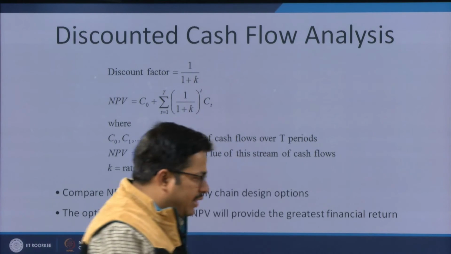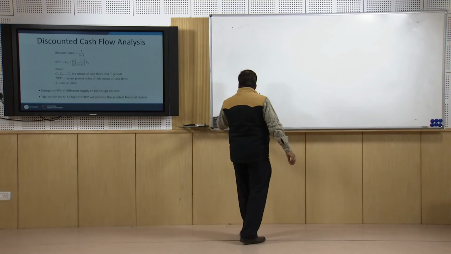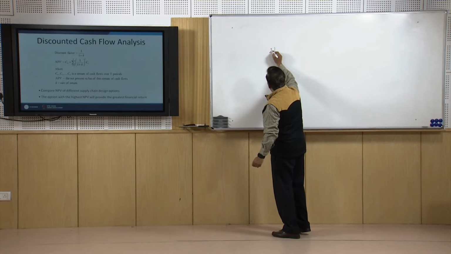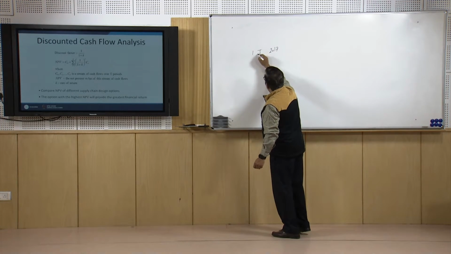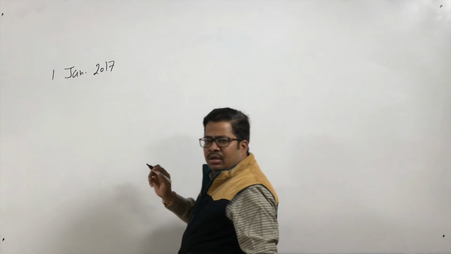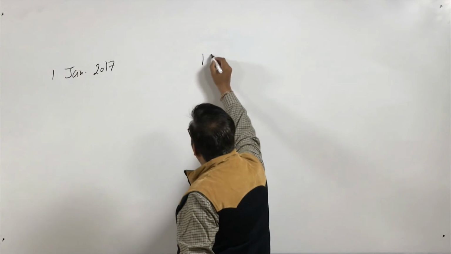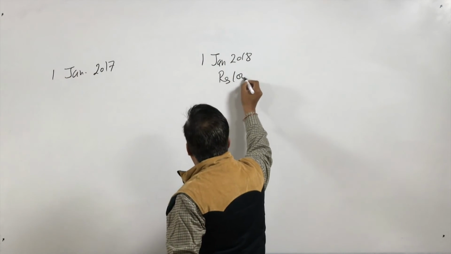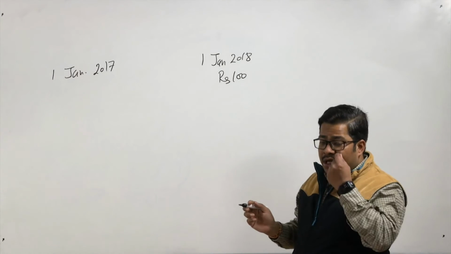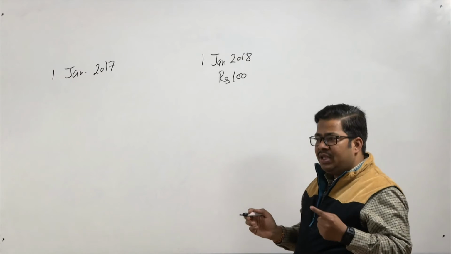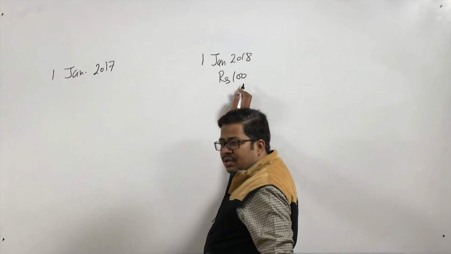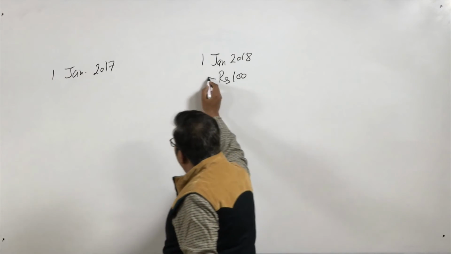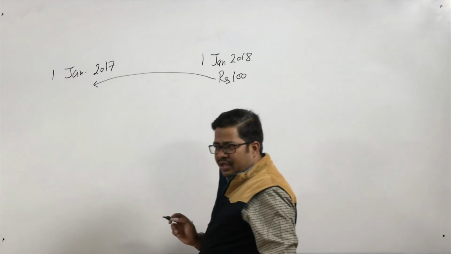The meaning of discounting factor is, suppose today is 1 January 2017, and I will get 100 rupees on 1 January 2018. I want to know what will be the value of this 100 rupees, which I am going to get on 1st January 2018, as of this 1st January 2017.